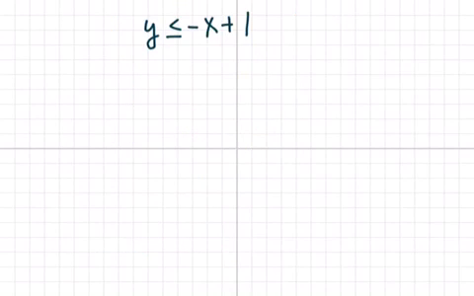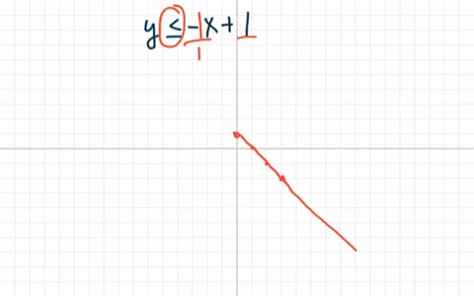Graphing this one, okay, so graphing it y equals mx plus b like normal. We're going to start at 1, and then slope is -1 over 1, which means negative slope means we go down, so down 1, right 1, down 1, right 1. Then our symbol is less than or equal to, so since it's equal to, we'll have a solid boundary line, meaning that the boundary line actually makes it true.